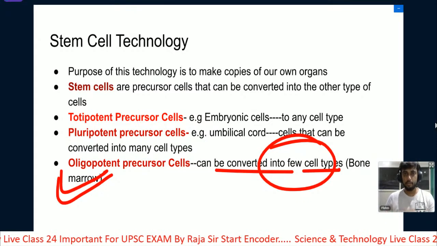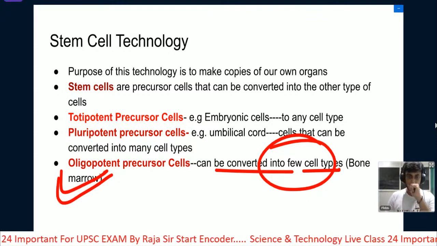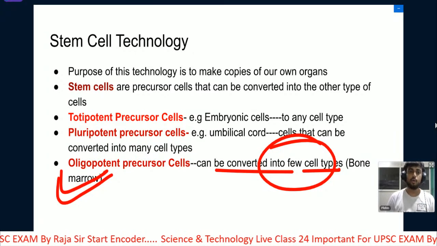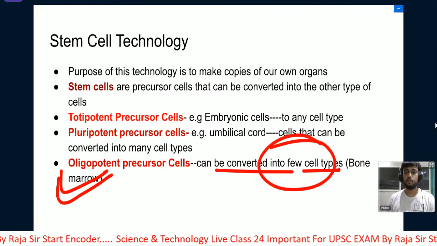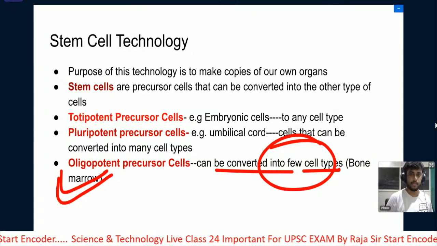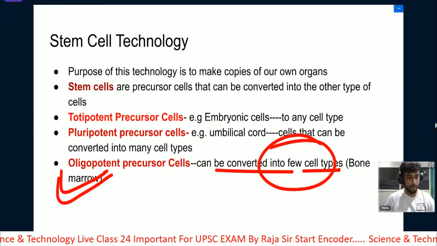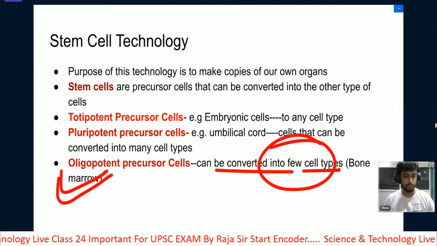Totipotent can convert to any category. Pluripotent can be converted to many types, and oligopotent can be converted to few types. Clear? So stem cells are the precursor cells, and all of them are the stem cells.